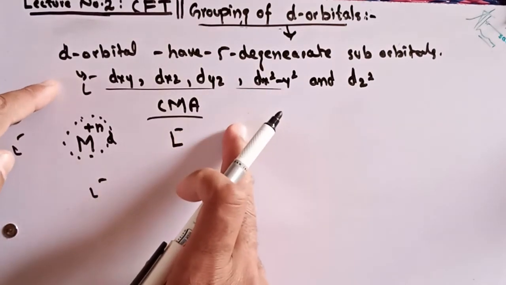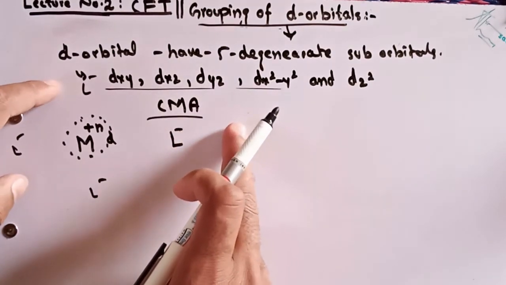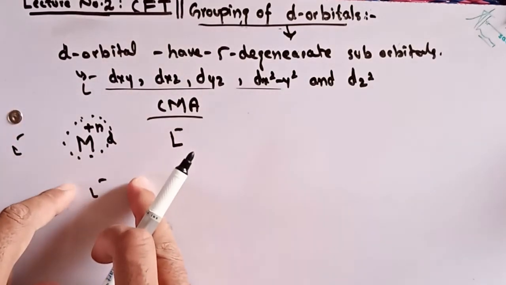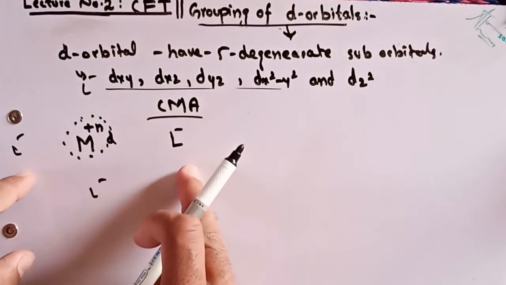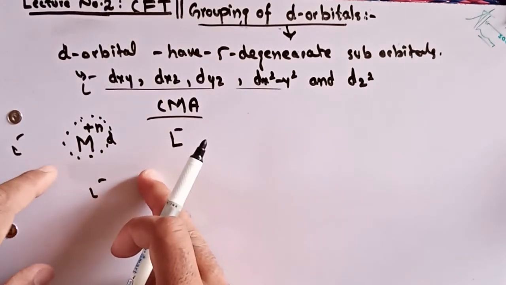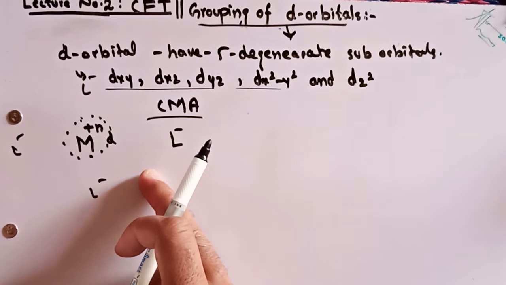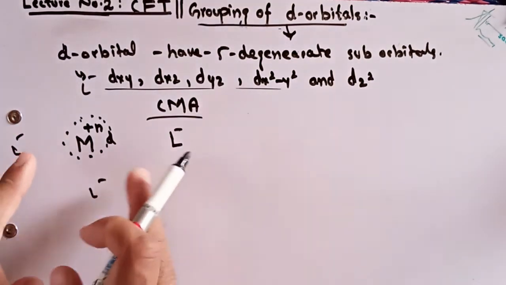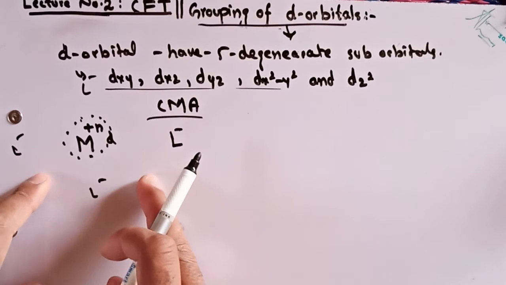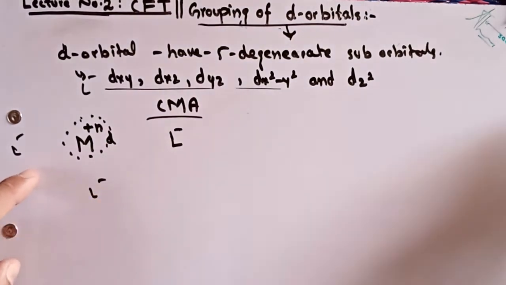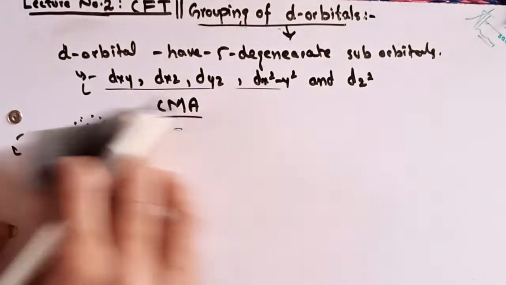In this lecture we will focus on the grouping of d orbitals. Depending on how the ligands approach, the geometry of the complex results. We will discuss the approach of the ligands later.